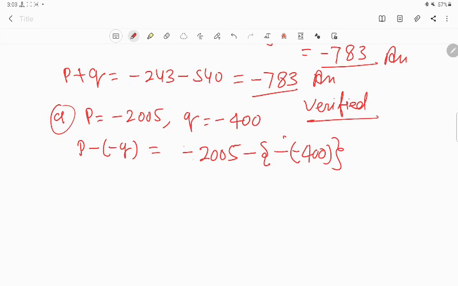Minus Q, so P value is minus 2005, and then write minus, and before Q you write Q, that is minus 400, and before the minus 400 you write a minus sign. That becomes minus 2005 minus in curly bracket minus 400, and before the bracket also a minus sign, inside the bracket also minus.